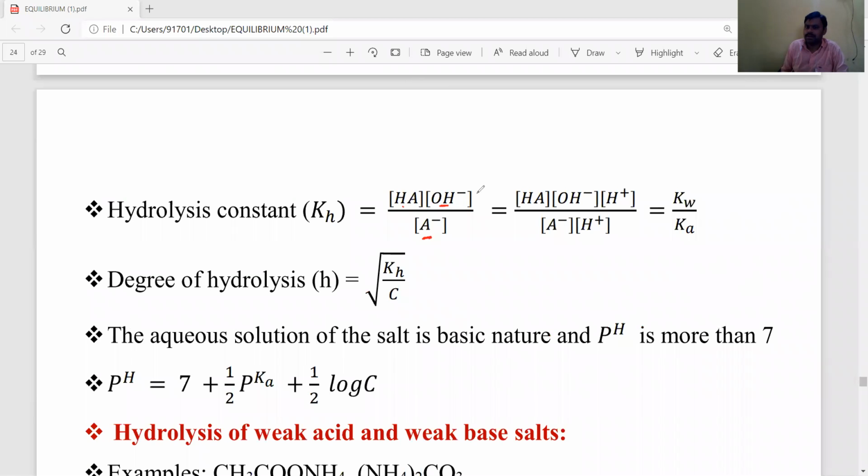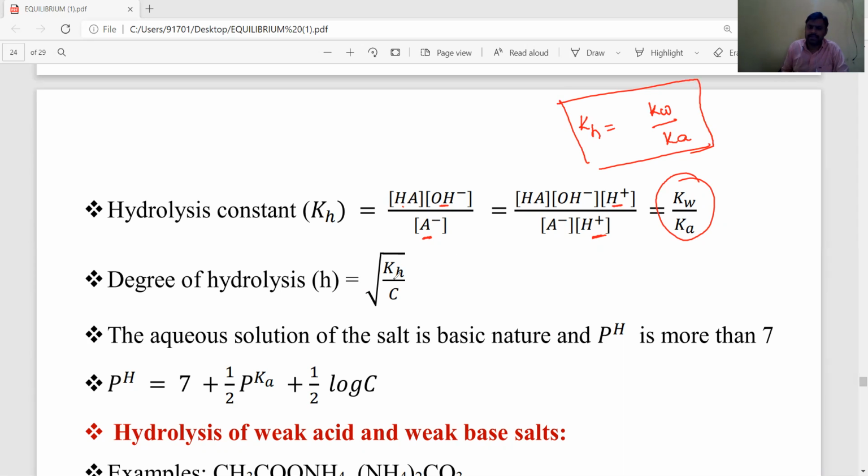Multiplying numerator and denominator both with H plus ions, Kh becomes equal to Kw by Ka.